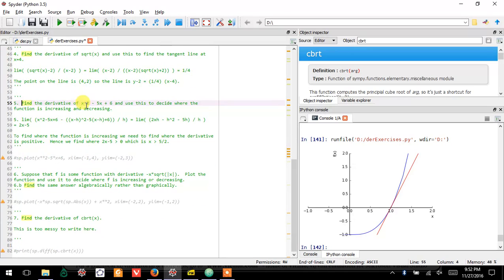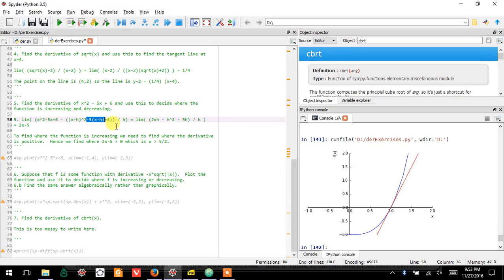Next, we find the derivative of this and use it to determine where the function is increasing and decreasing. So here is the calculation of the derivative. Notice that where you have x squared, in this part of the definition of the derivative, we replace it with x minus h. And in this part, where you had minus 5x, you replace it with minus 5 times x minus h, like that.